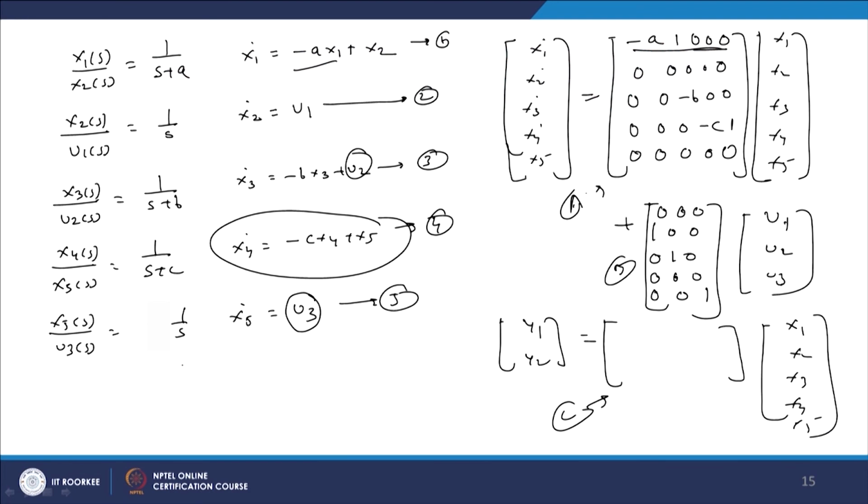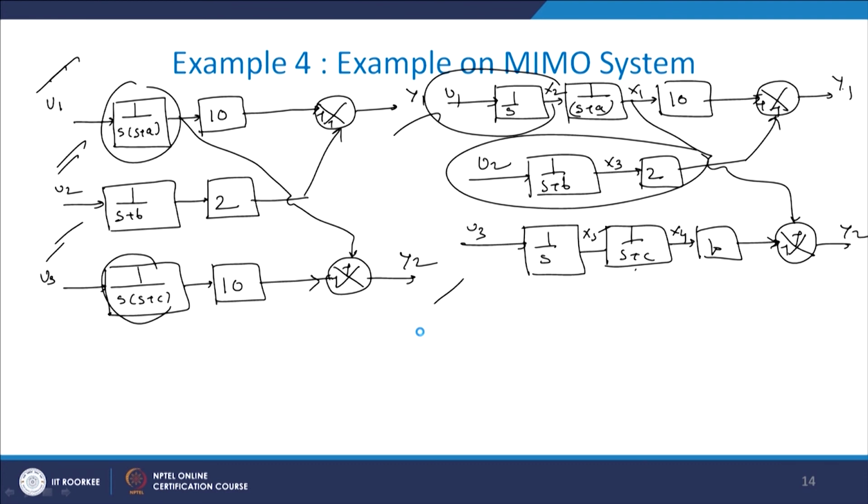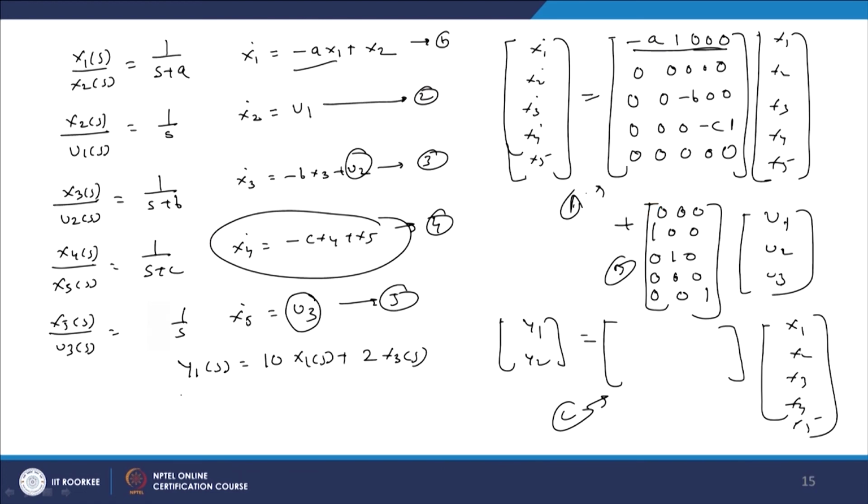The equation for y1 of s equals 10 into x1 of s plus 2 into x3 of s. You just see here 10 into x1, 2 into x3, and now corresponding to y2, the input is coming from this side. So, here x1 plus 10 into x4. So, we can write down y2 of s equals x1 plus 10 x4.